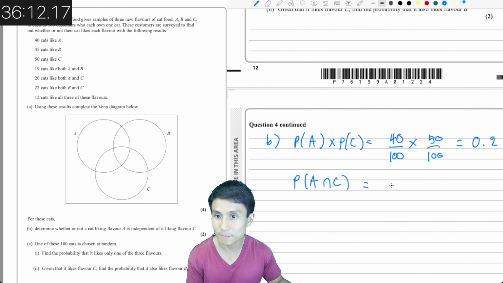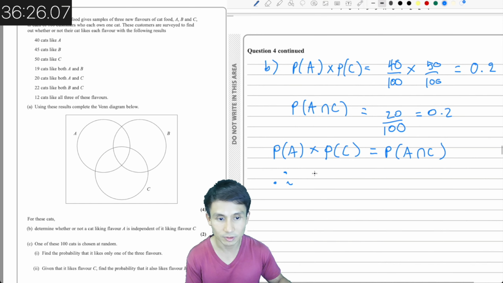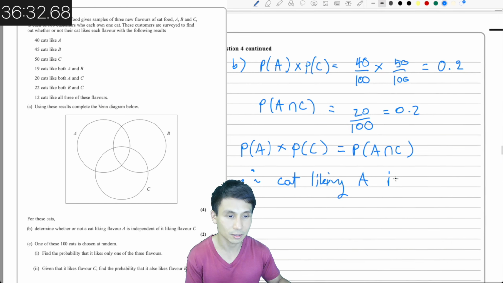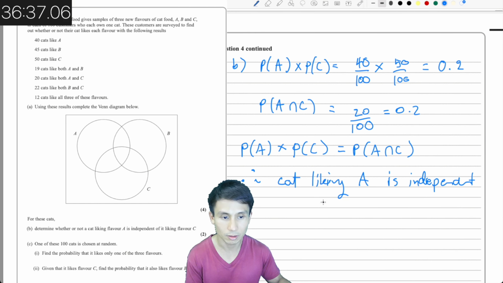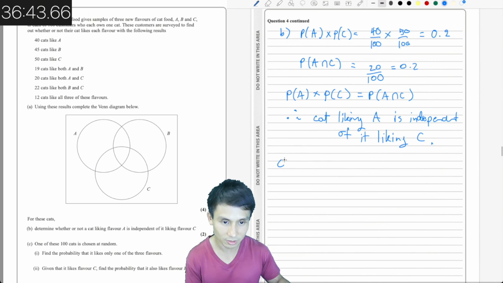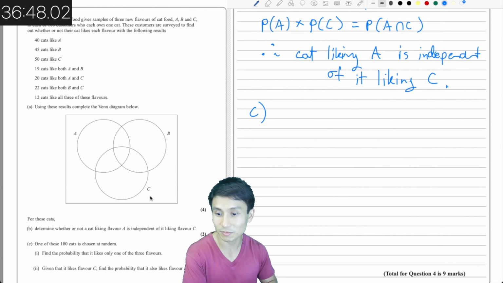So because P(A) times P(C) equals P(A intersect C), therefore, a cat liking A is independent of it liking C. I'm just repeating the question there, basically, just to be safe. We got to give it context, mostly for a statistics paper.